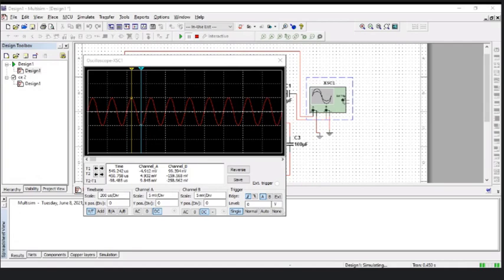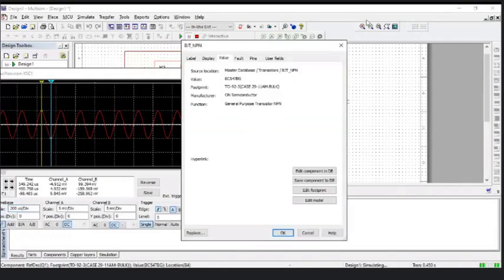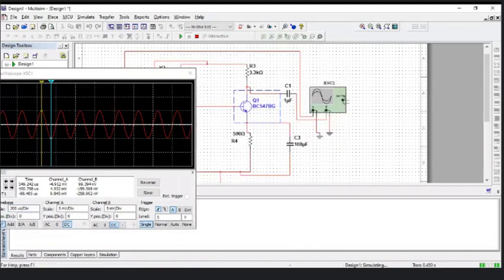Reading is wrong. The transistor is probably different. 547 BG, exactly. Only select B. Okay, anyway, you just right click, replace.